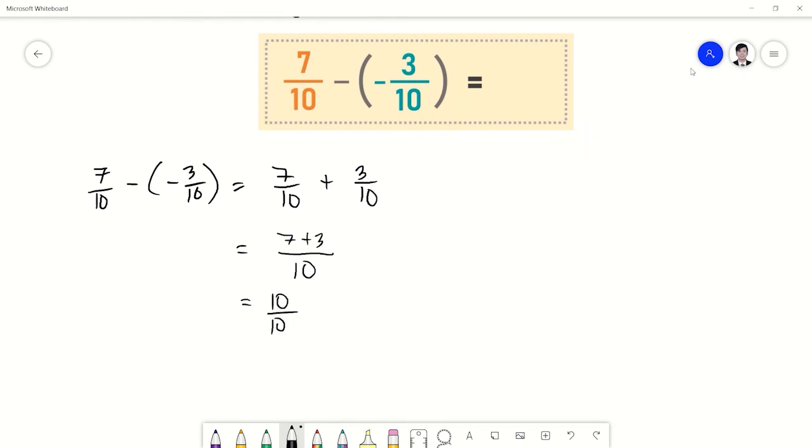Then copy the denominator 10. But 10 divided by 10 is just 1. And again, both numbers are positive. So that means our final answer is 1.